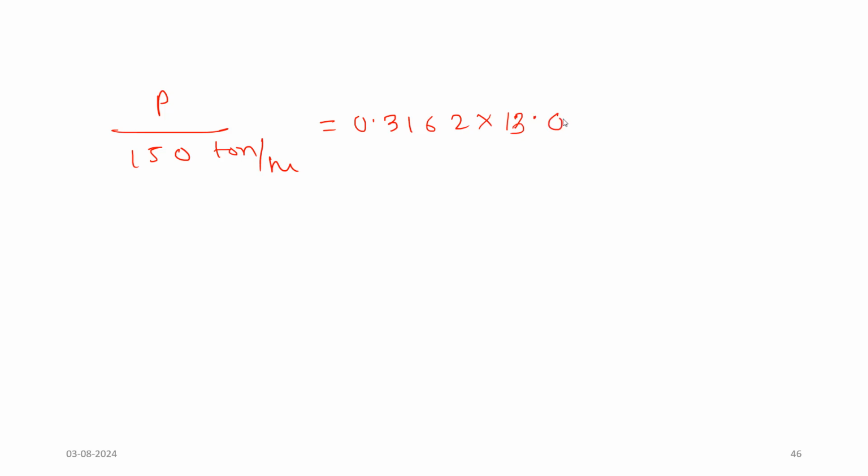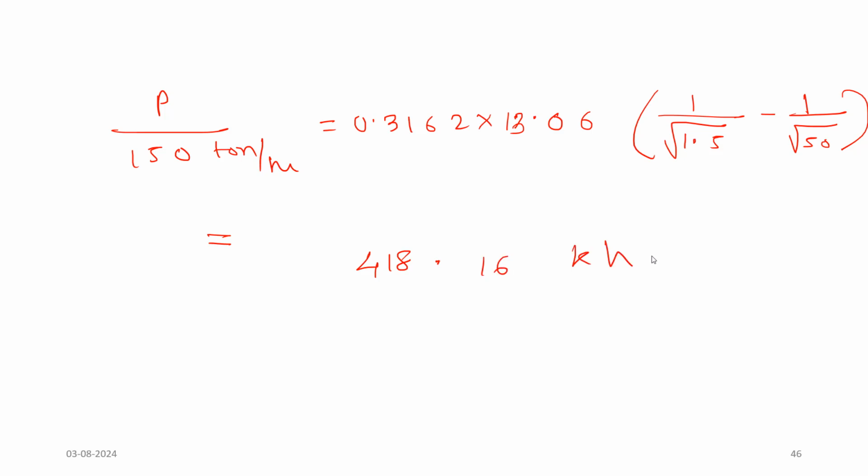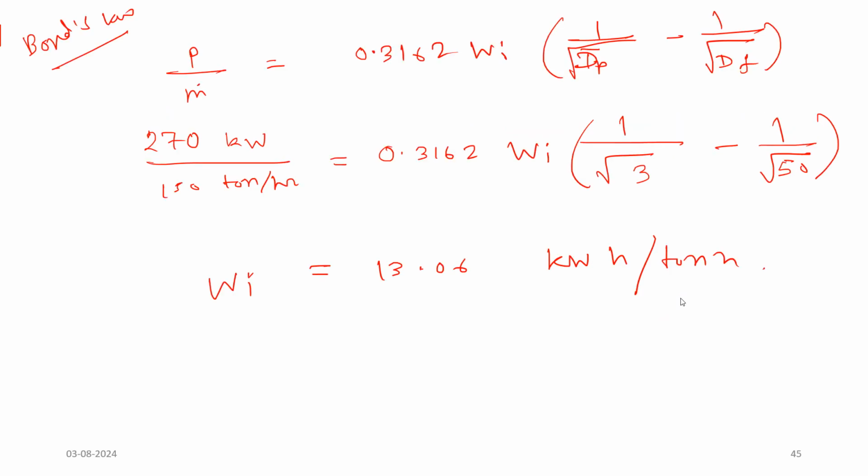Now the product size is different, that is 1.5 millimeter, and the feed size is the same, that is 50. So what will be the power required? It is coming as 418.16 kilowatt. So this is the second answer, and this is the first answer.